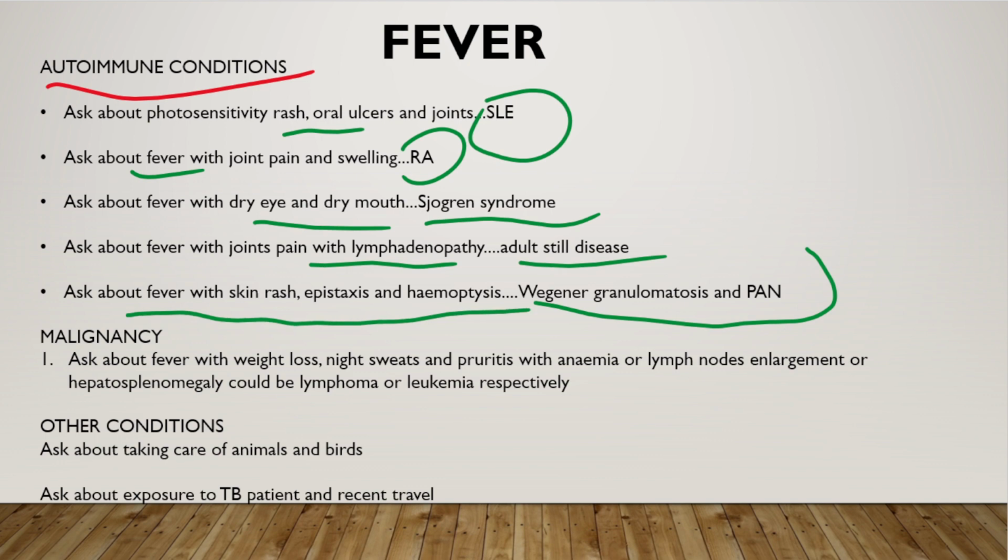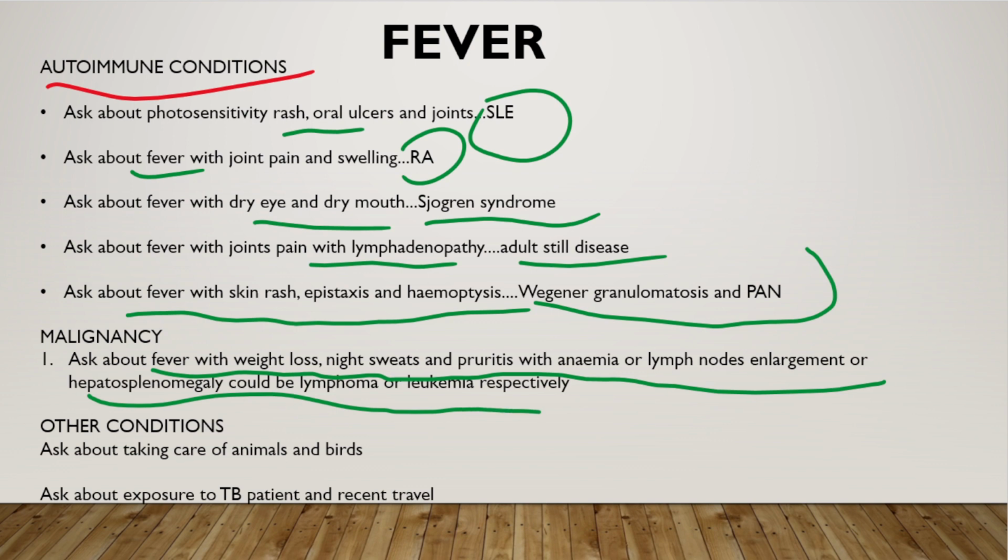That will give us some clue about a vasculitic cause for the fever. Then for malignancy, we will ask about fever with weight loss, night sweats, pruritus, anemia, lymph node enlargement, or hepatosplenomegaly, which can point to lymphoma, leukemia, respectively. Other malignancies can also present as fever.